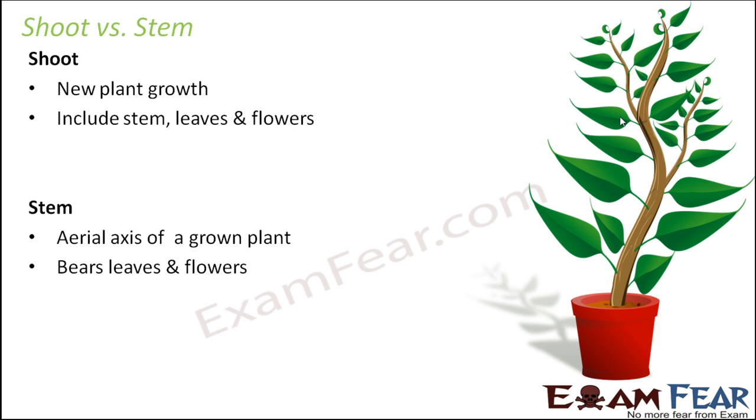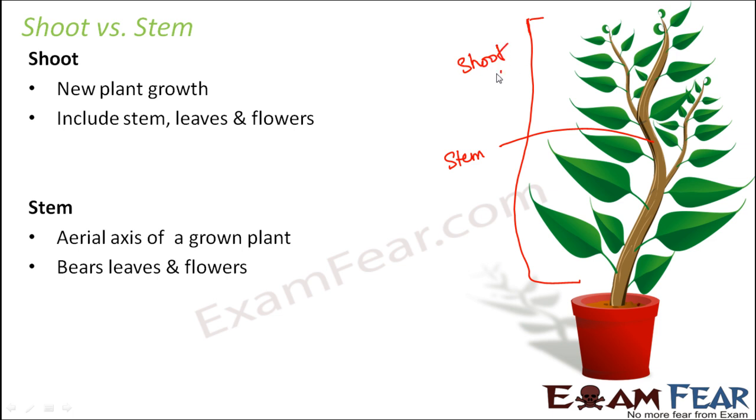But when I say stem, I am only talking about this axis. So in this picture, if I talk about this axis, I am talking about the stem. But if I talk about this entire package, including the stem, the leaves, the flowers, then I am talking about the shoot system.